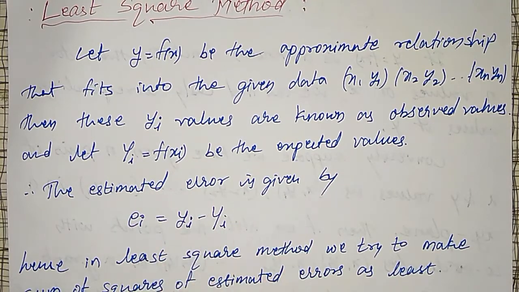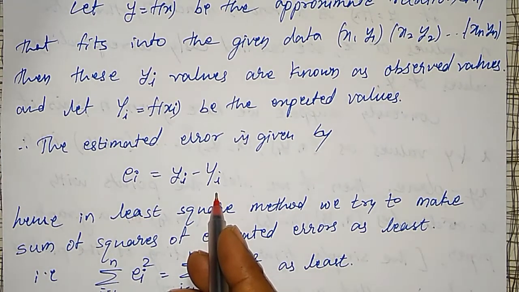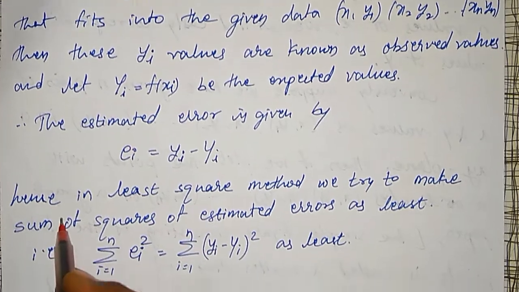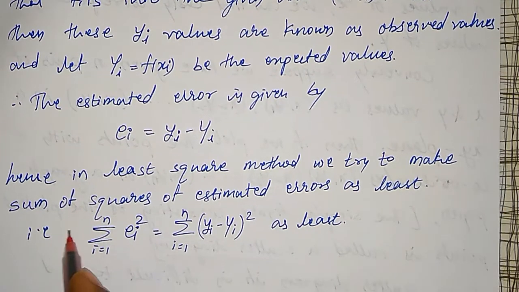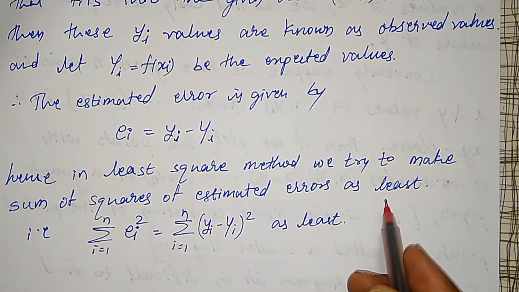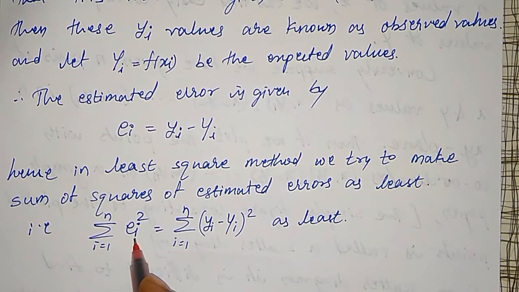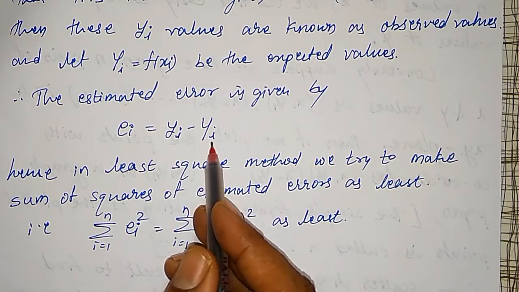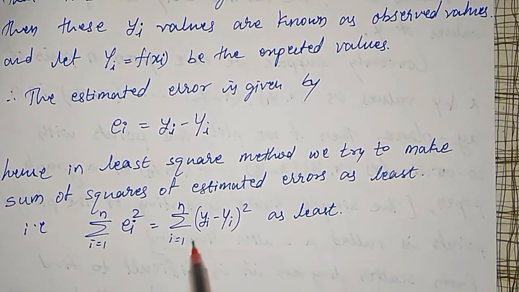Then the estimated error is given by ei equal to yi minus capital Yi. Hence in the least square method, we try to make the sum of squares of the estimated errors least, that is the summation of ei squares, where ei is the observed value minus the expected value. This sum must be least, and this method is known as the least square method.